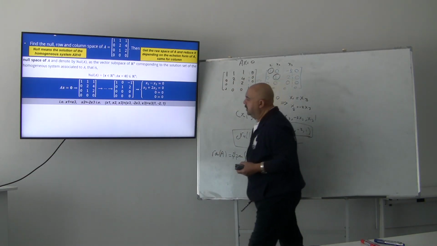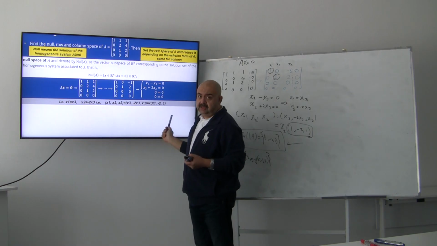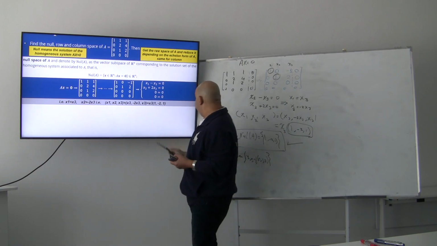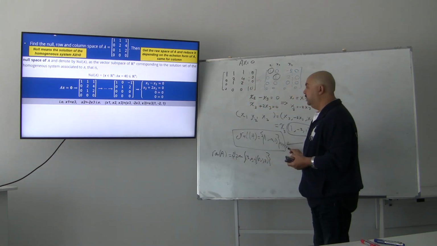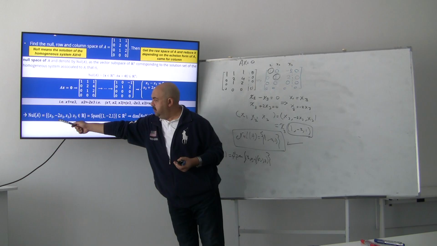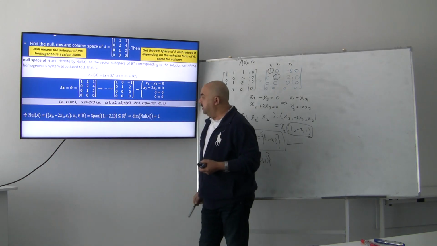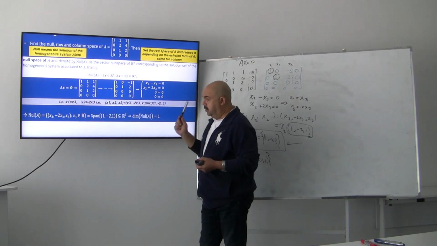So the vector that represents the solution set, the null of A, is (1, -2, 1), exactly the same. I've just replaced by x3, isolating x3, and I've got the span. Remark that the dimension of null A equals 1.